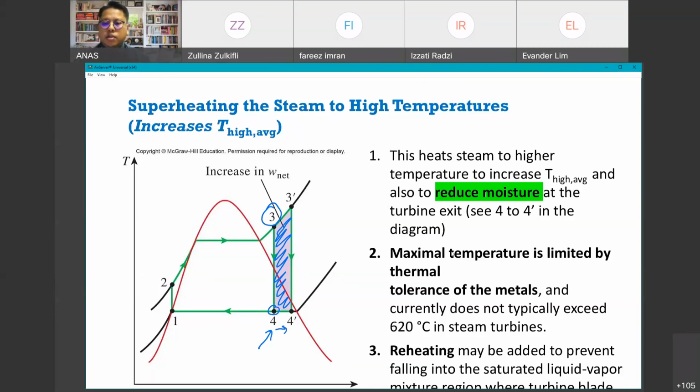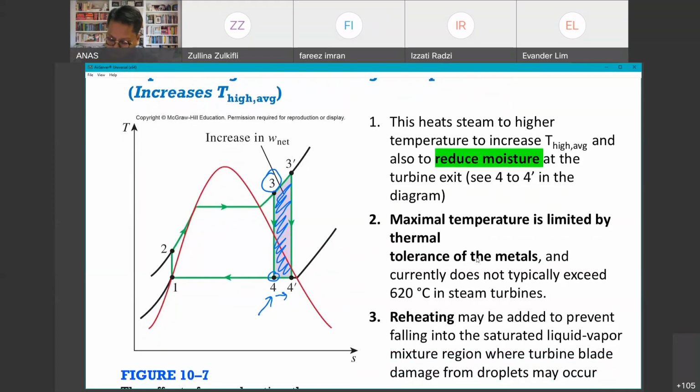So we heat the steam to a higher temperature to increase T higher average and also reduce the moisture, which is what we want. However, the maximum temperature is limited by the thermal tolerance of the metal. It looks good on paper, but remember, everything is limited by something. You have a constraint. How much temperature can the turbine blade withstand?